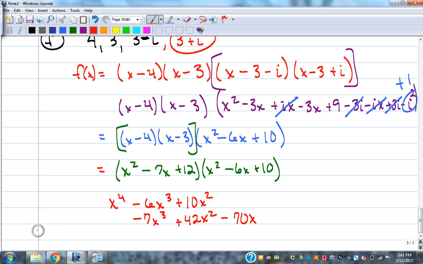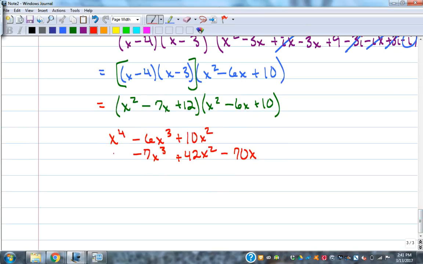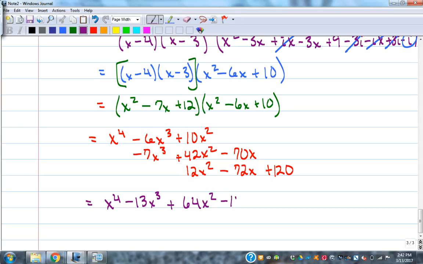And then the 12 going through there would be 12x squared minus 72x plus 120. Simplify: x to the fourth minus 13x cubed plus 64x squared minus 142x plus 120.